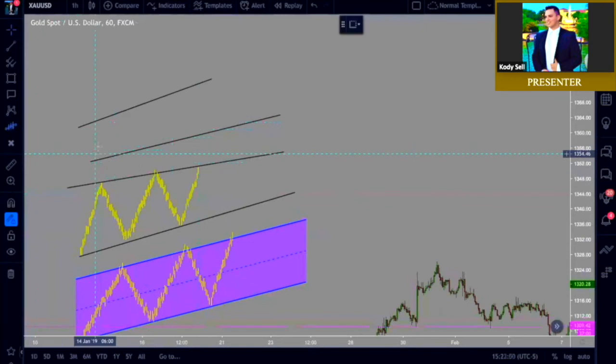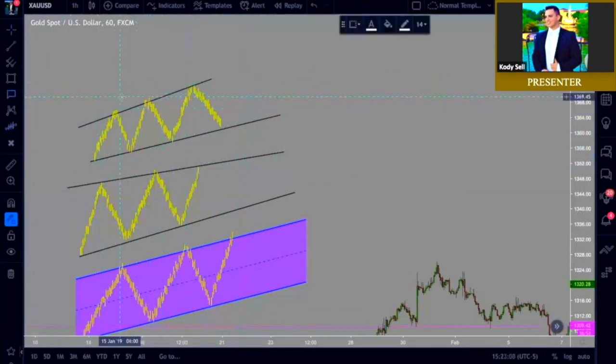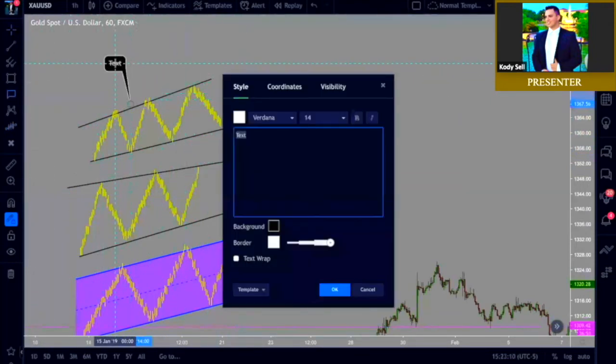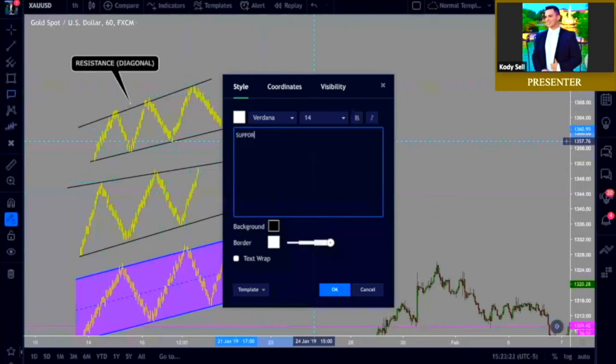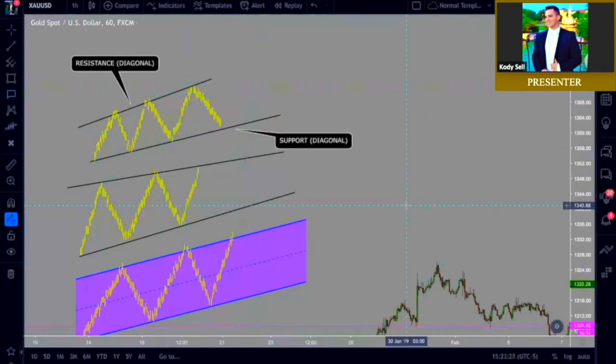It's not about being perfectly parallel. It's about understanding where is my resistance, specifically diagonal resistance, and where is my support, specifically diagonal support. That's what it's really about.